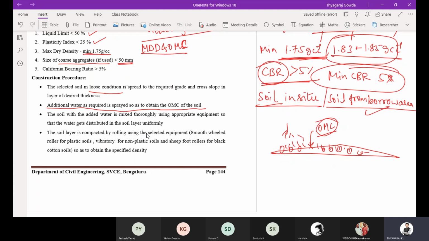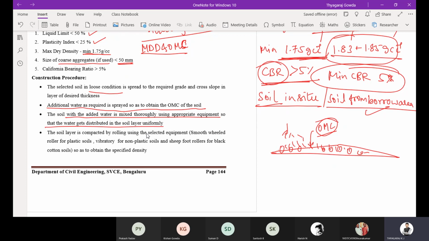Understood. First, you are going to bring the soil from the borrow area in loose condition. You are going to spread it. If the optimum moisture content is not within the limits, you are going to sprinkle water on the soil subgrade. Then you are going to mix the soil and water thoroughly, using appropriate equipment, so that water gets distributed in the soil layer uniformly.